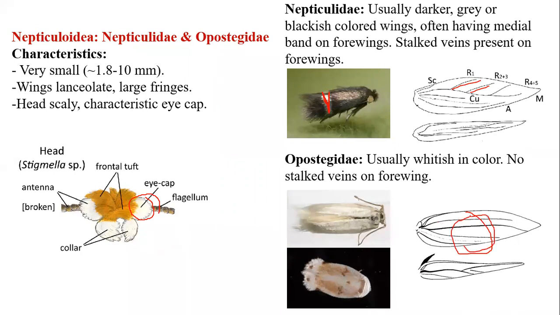You are seeing here that all veins are free. There are no branches on any of these veins. So based on these two characteristics, we can identify these two families, or at least we can get an idea about these two families.